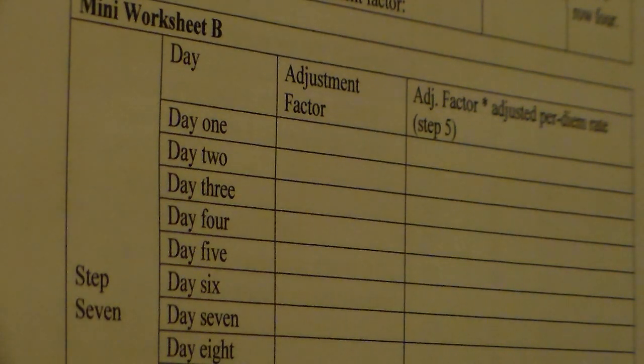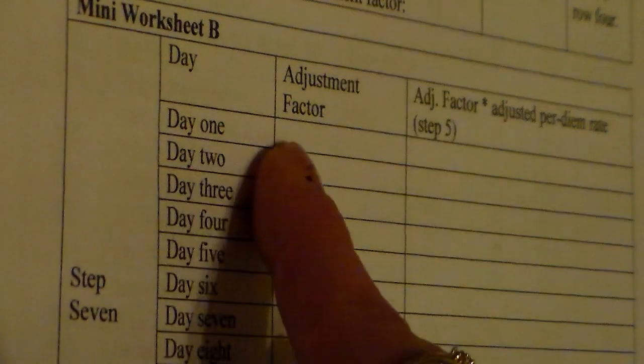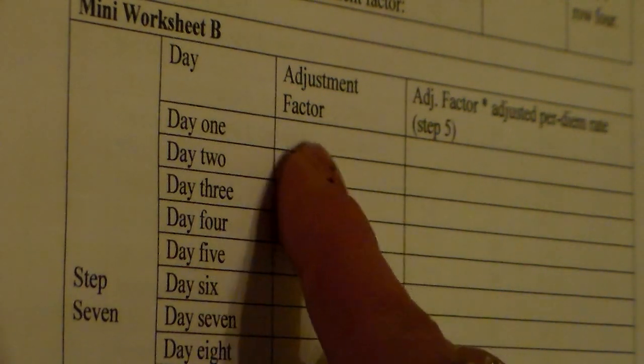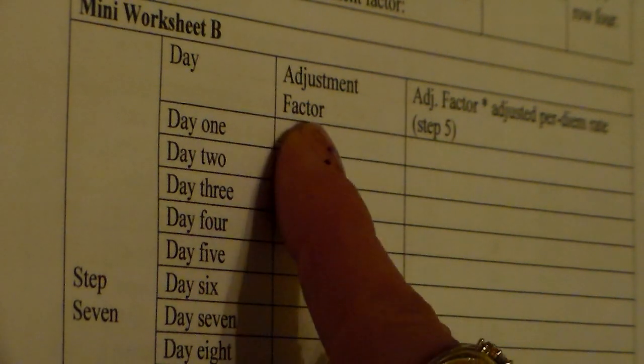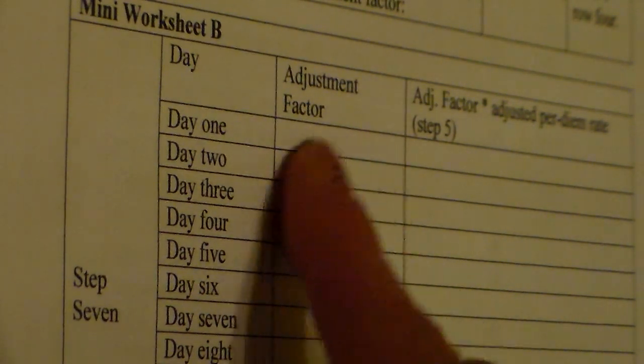And if you have completed the exercise accurately up to this point, your total amount in Step 5 will equal $888.09. So you're going to take your Day 1 adjustment factor, which is 1.31 according to Table 6.7 on page 147 of the text.